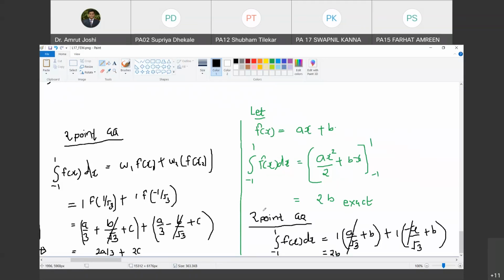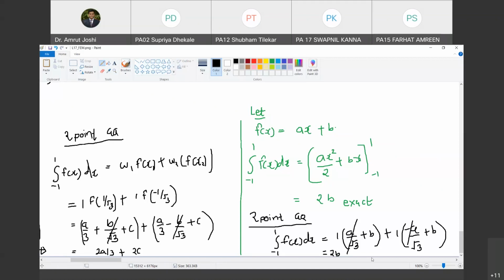So, important observation. 2-point Gauss quadrature not only integrates cubic polynomials from -1 to 1 exactly, but it also integrates lower order polynomials exactly within the domain -1 to 1. Agreed? Yes, sir.